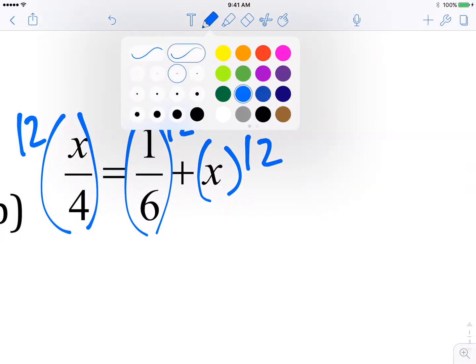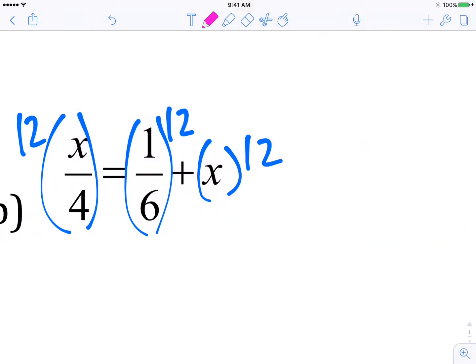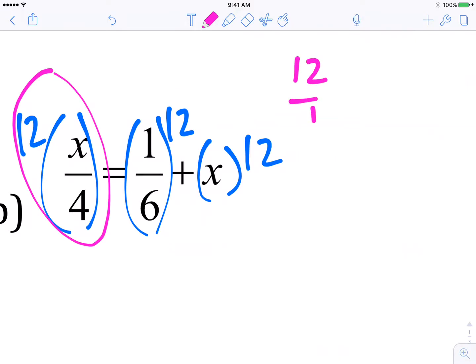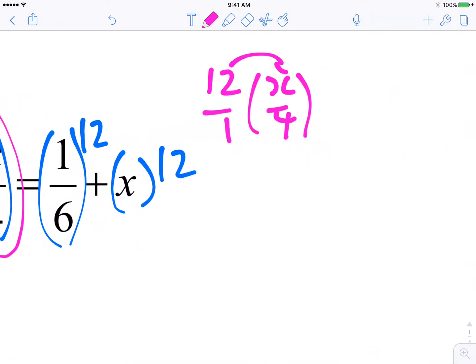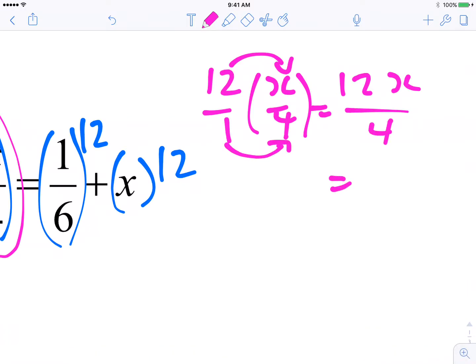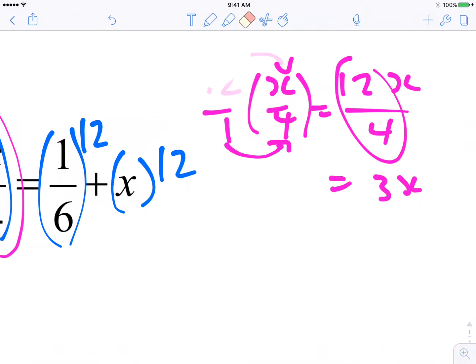And you remember when you multiply fractions, if I could just get you to look at this part right here, that's really saying 12 over 1 times x over 4. Now we could do 12 times x, which is 12x, over 1 times 4, which is 4, and then you'd end up with 12 divided by 4 is 3, and you'd have the x. That's one way of looking at that.